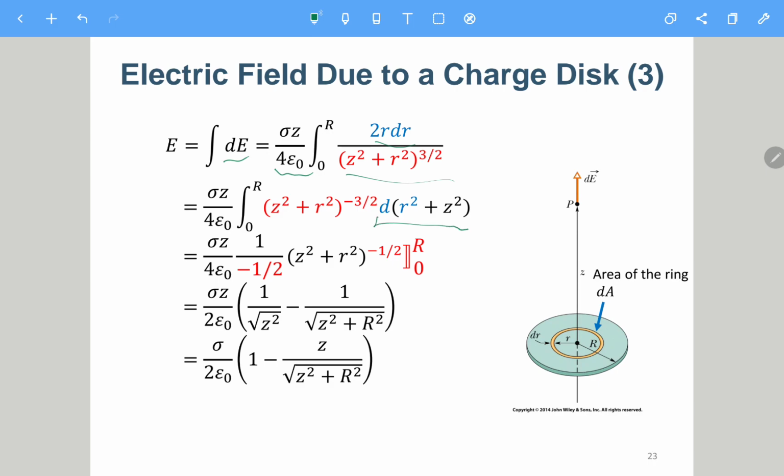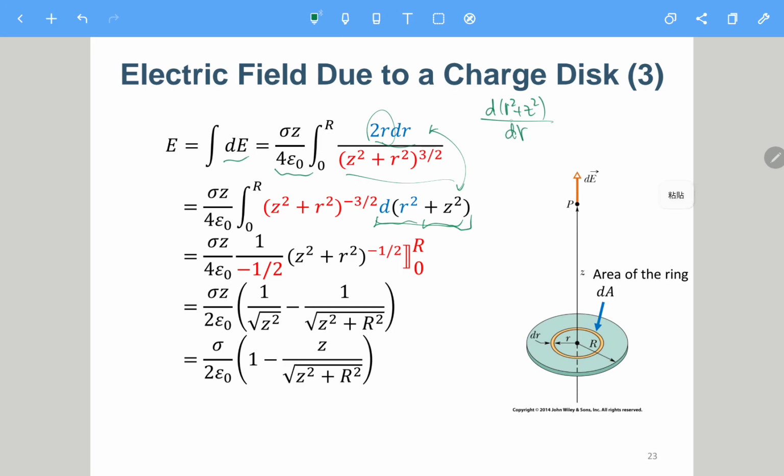Using some change of variable, or the reverse version of the chain rule, 2r dr is d(r square), and then plus z square is just a constant with respect to r, so we don't need to care. If you are not familiar with this written style, you can regard it as d(r square plus z square) over dr.